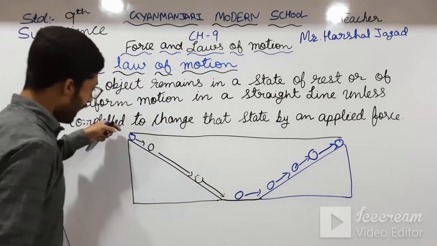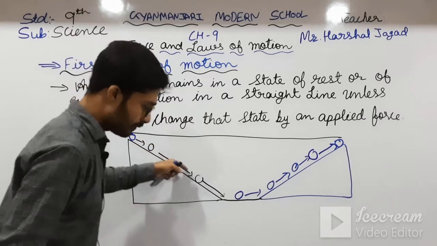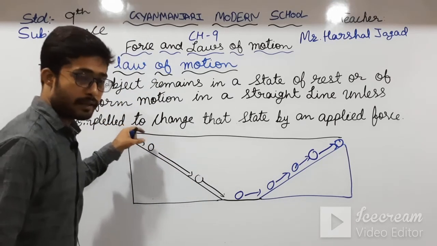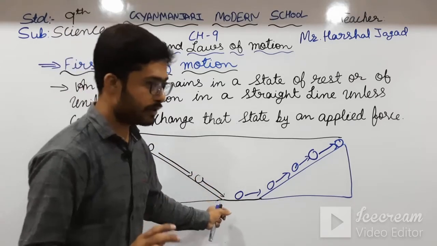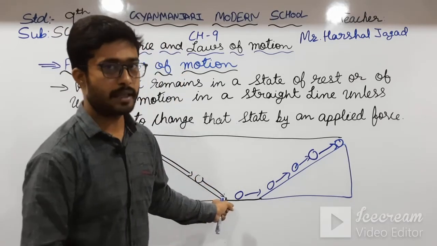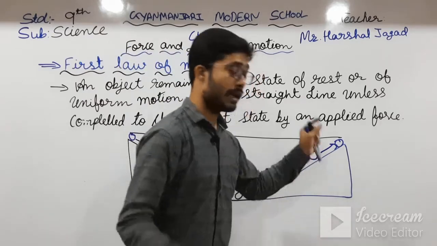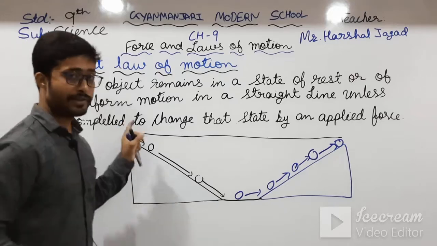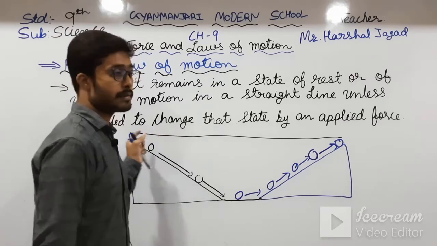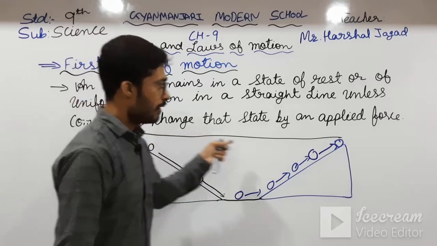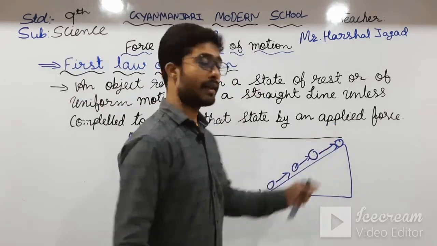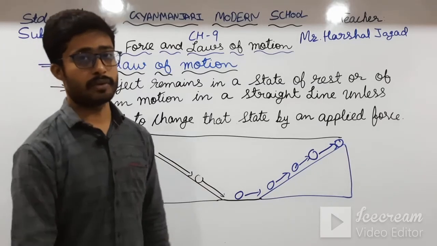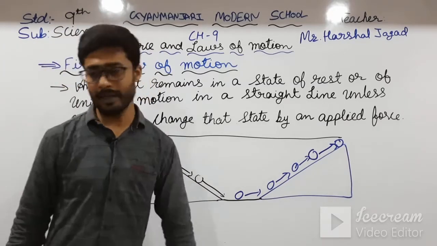So as the marble is released from here, the speed will increase, and after some time it will decrease and decrease, up till this height is achieved. Okay, students, this height is achieved, it will go there, and then after it will come back. So this is what Galileo explained.